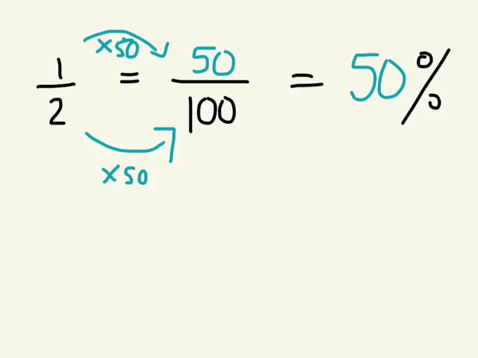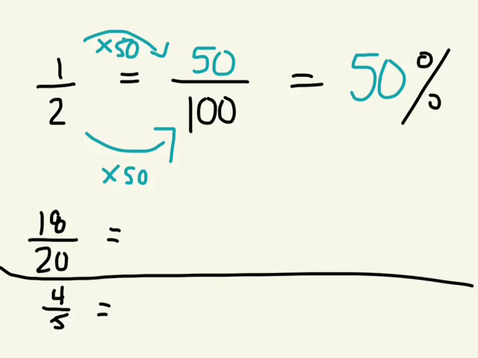I want you to try the next two. We have 18 out of 20, what percent is that, and 4 out of 5. Good. That's an excellent way to do it. You can also take 18 out of 20. You can turn a fraction into a percent by dividing 18 by 20, right? 18 divided by 20.